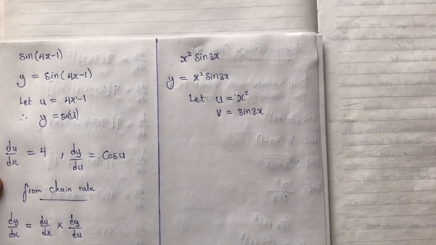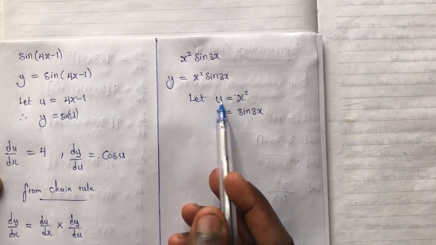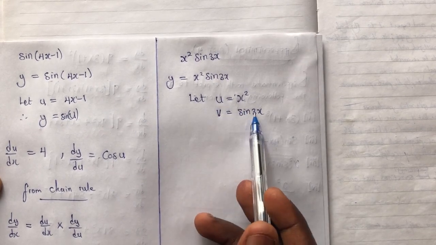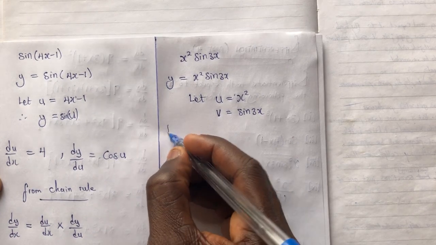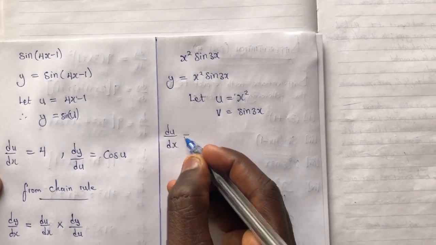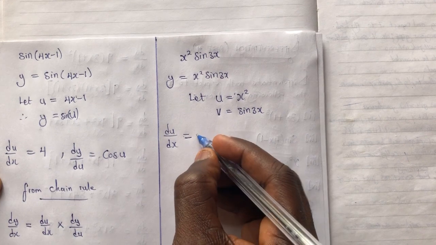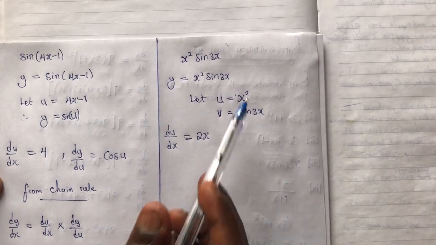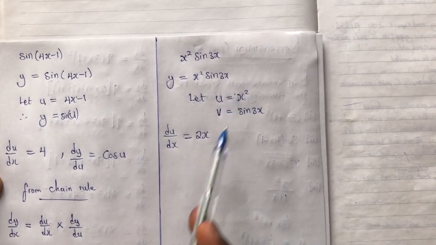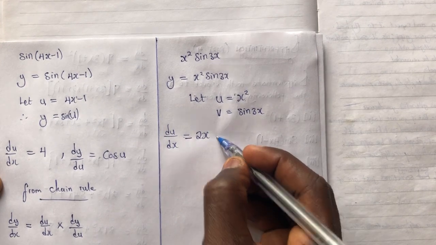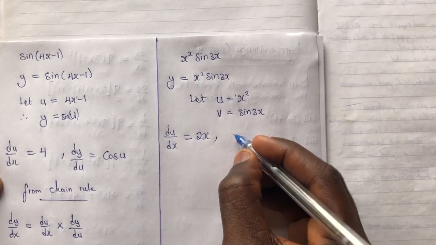The function is y equals uv, called the product. So now you differentiate u with respect to x, and differentiate v with respect to x. So du dx will give us this times this, giving us 2x. 2 times x to the power 2 minus 1. That is it. Then we differentiate v with respect to x.